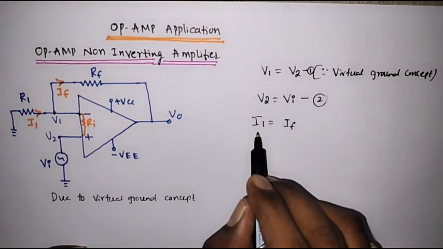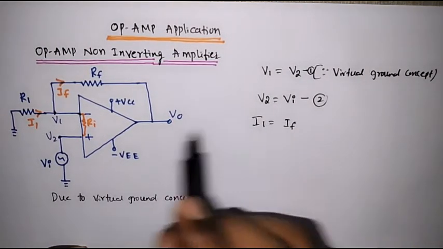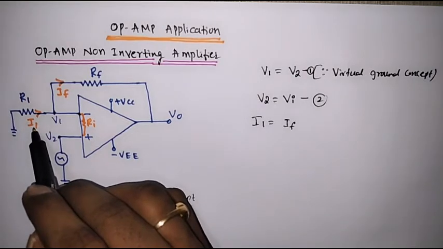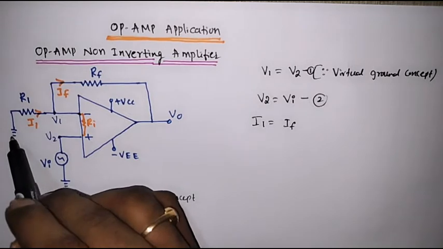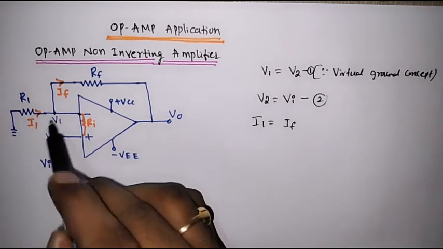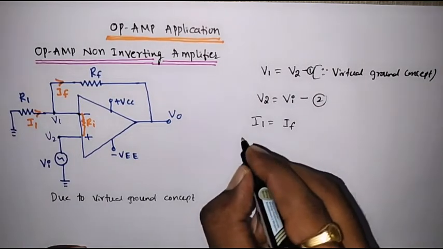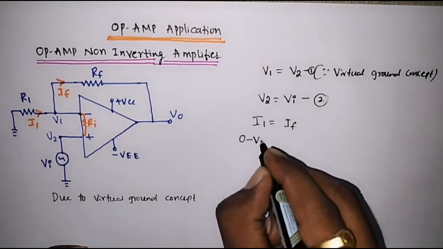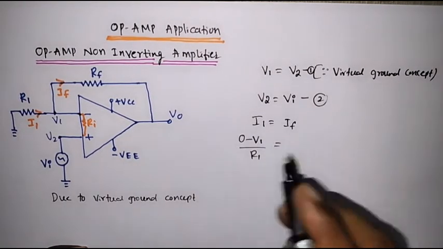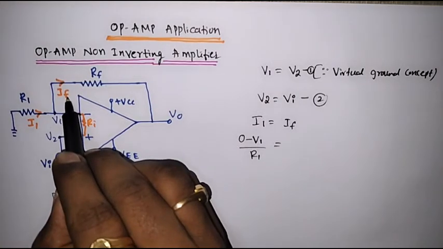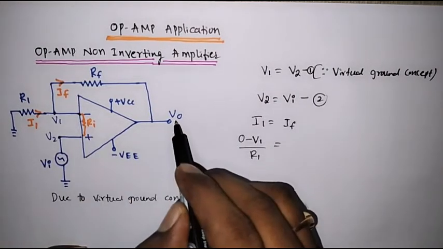Let's express the currents in terms of voltages. Look at the direction of current I1, which is moving from 0 towards V1. So I can write I1 is equal to 0 minus V1 divided by resistor R1. Similarly, current IF is flowing from V1 towards VO.